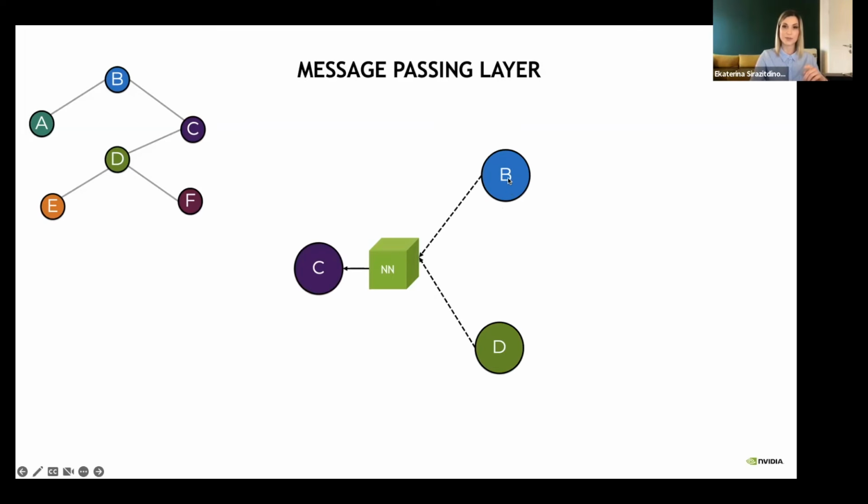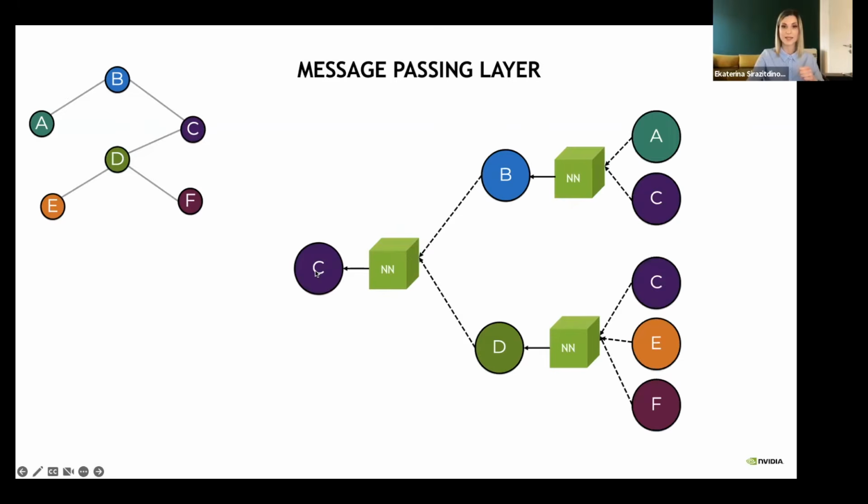What we do now, we take the information from node B and node D, aggregate it together, and pass it through some other neural network or some layer. Then we also add this information to node C. Then we do the same again with the neighbors of node B and the neighbors of node D, and you can do it up to the K neighborhood.